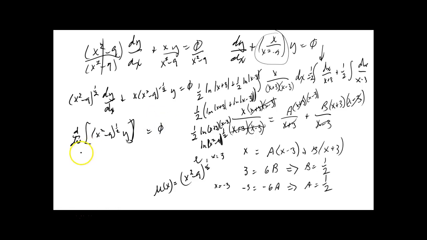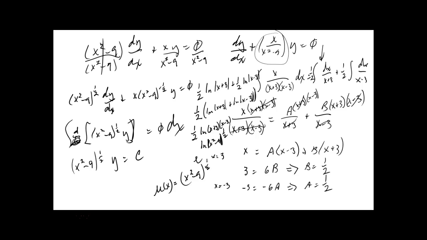Okay? So basically, what you have here is when you do a dx here and then integrate that, what you have is x squared minus 9 to the 1/2 times y is equal to some constant. Integral of 0 dx is just a constant, right? Derivative of the constant is 0, so the antiderivative of 0 is a constant.